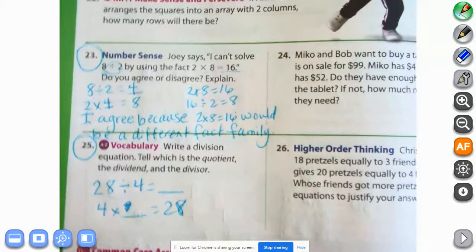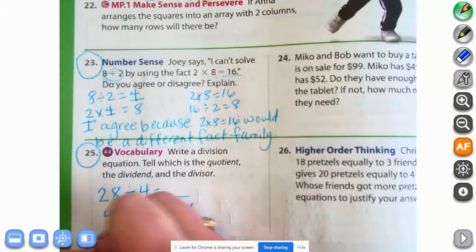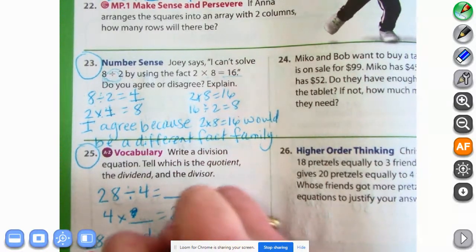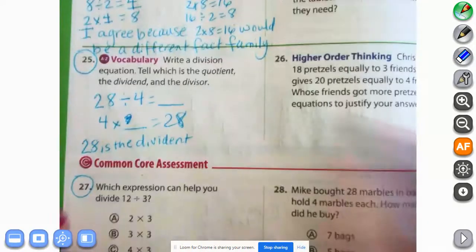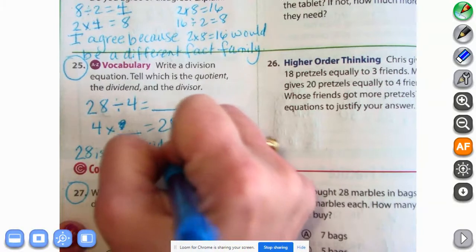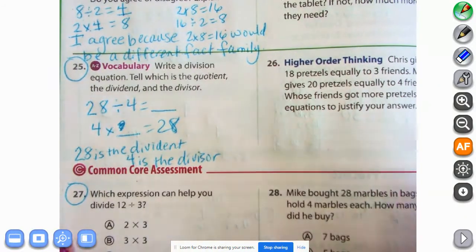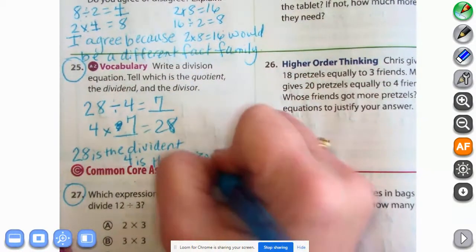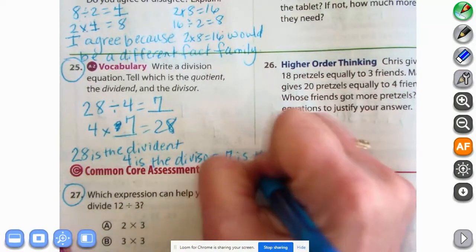All right, so we can say 28 is the dividend. Four is the divisor. And we know that it's 7 here, so 7 is the quotient.